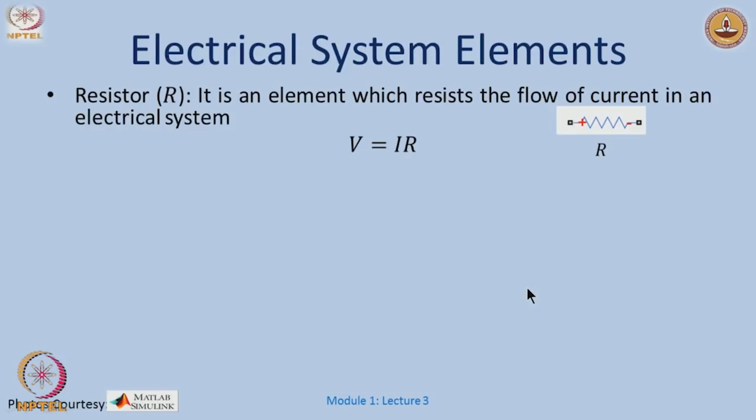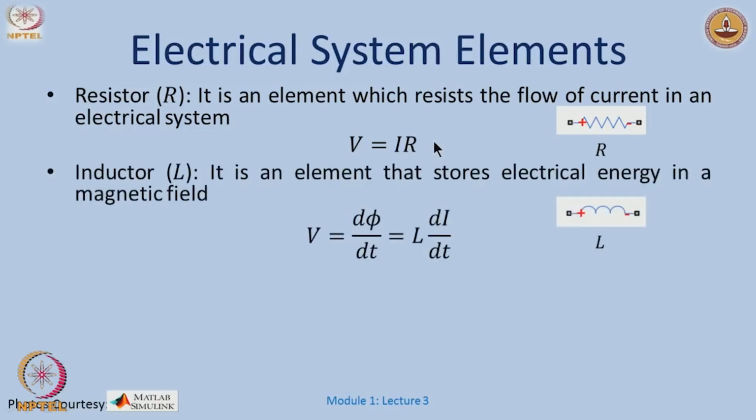Well, we all know what a resistor is. It is an element which resists the flow of current in a system, and we all know Ohm's law, V equal to IR, models a simple linear resistor. If I go to an inductor, I know that the voltage across an inductor is given by d phi by dt, or in the case when the flux is linearly related to the current, we will have V equal to L di by dt.